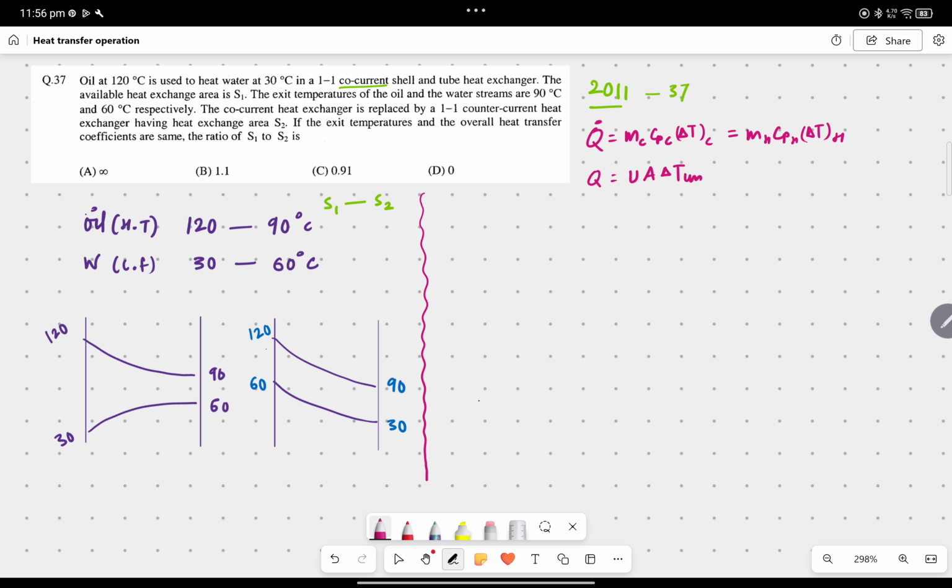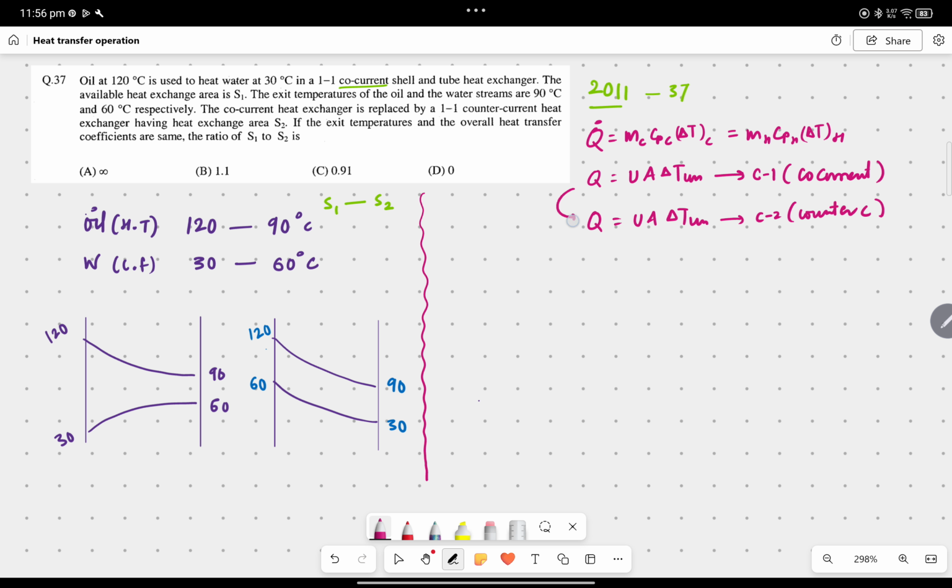So for using this formula, first we have to calculate the LMTD, and then we will apply the formula once for case 1, that is co-current, and again for case 2, counter current, right?